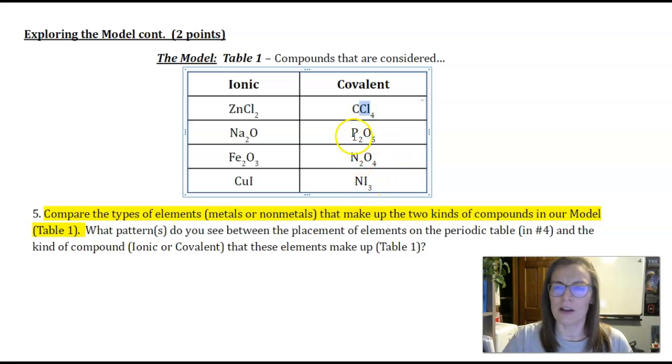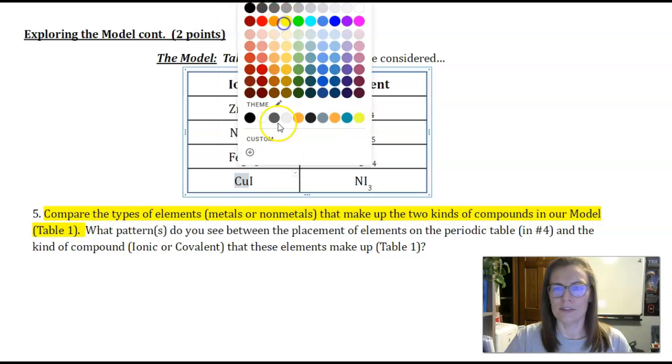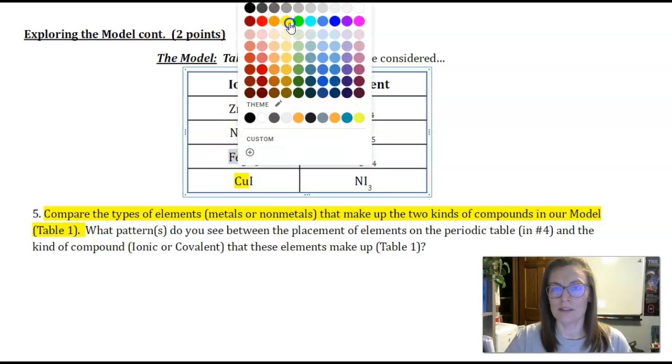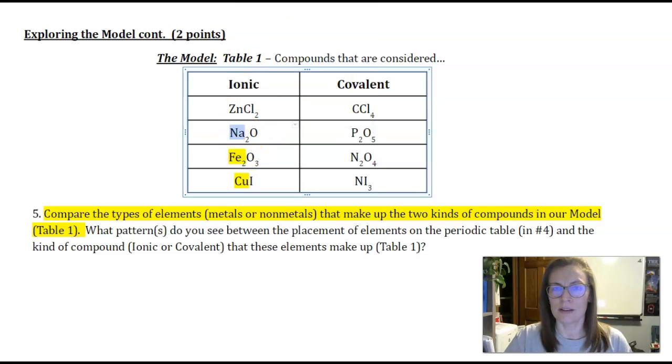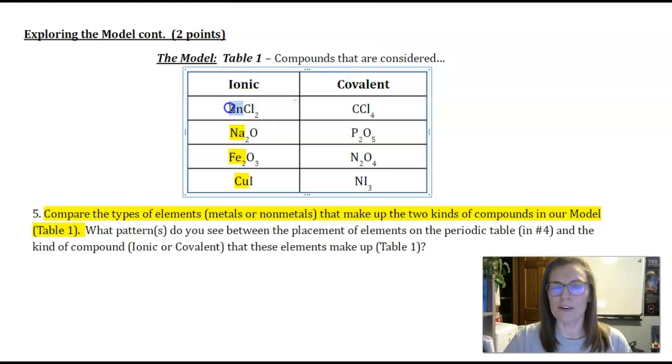These could be other elements that have more letters. So that is not the one we're looking for. But it does have to do with the placement of these elements in particular on the periodic table.